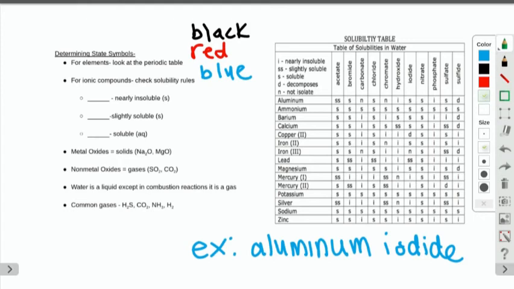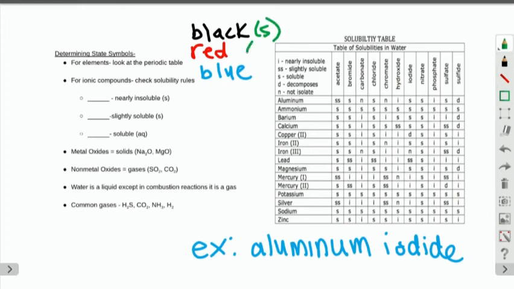So for plain old elements, you will have to look at a periodic table, which I will post on Classroom, and see what color the element's in. If it is in black, it will be a solid. If it's in red, it will be a gas. And if it's in blue, it will be a liquid.